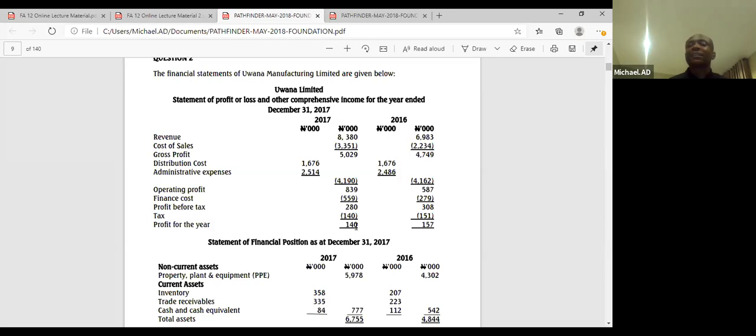Now, if you are starting from profit for the year and there's tax in it, then you are going to be adding back your tax figure, because basically we haven't paid the tax.